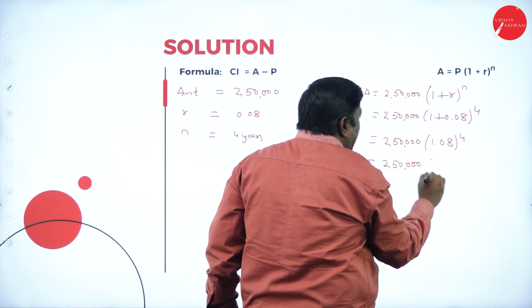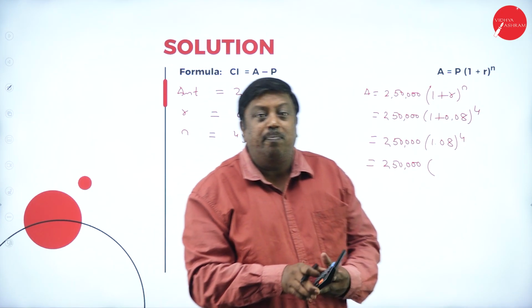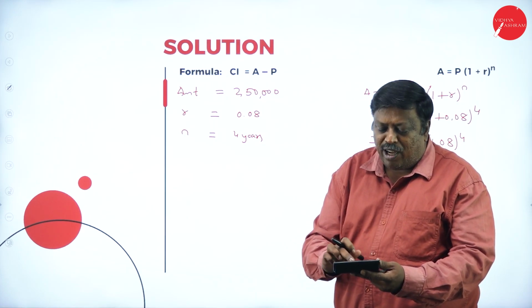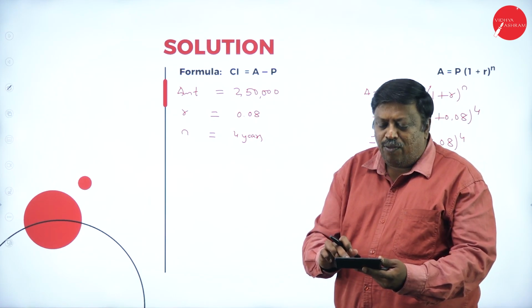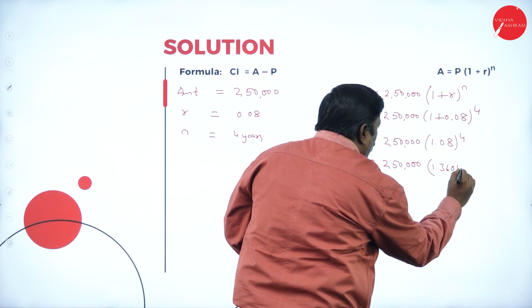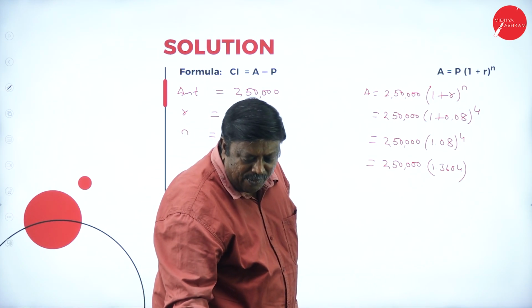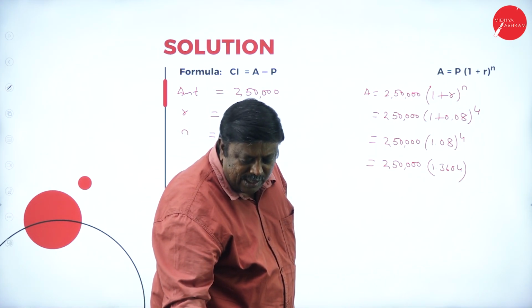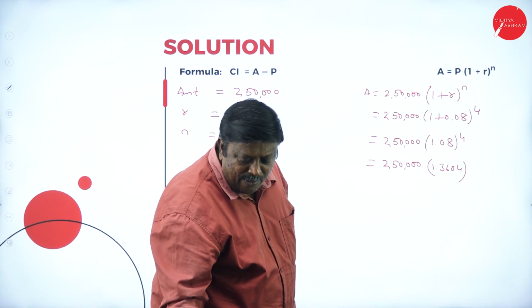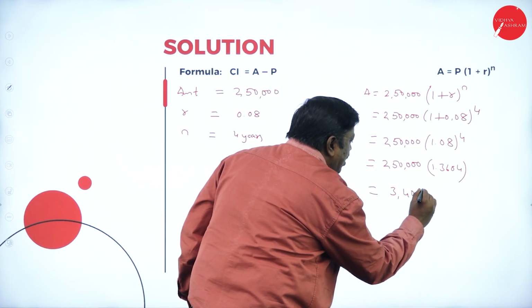2,50,000 into 1.08, we have to multiply 4 times, 1.08 into 1.08 four times, it will be 1.3604. 1.3604 into 2,50,000 will be 3,40,100.